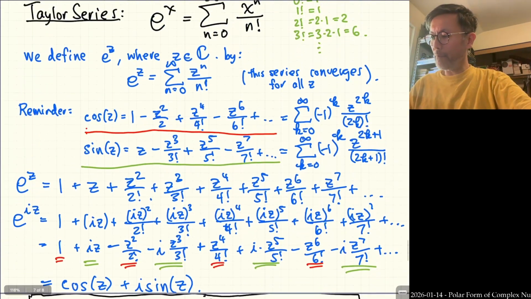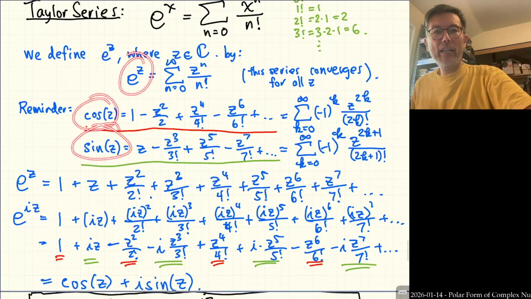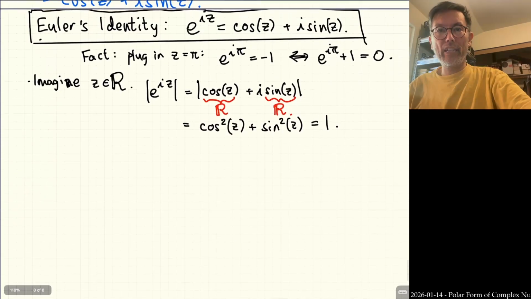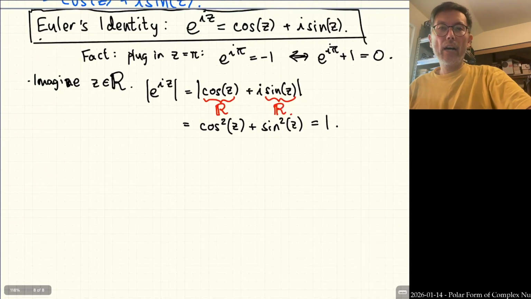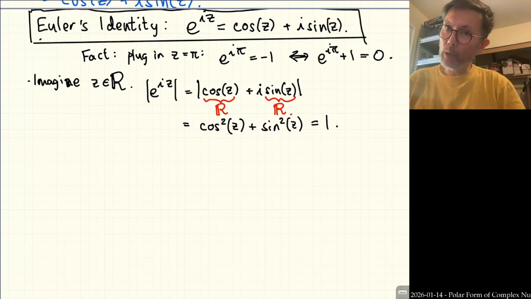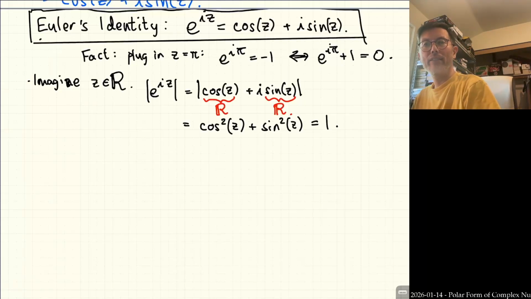There emerges a beautiful relationship between e to the z, cosine z, and sine of z called Euler's identity. Here's Euler's identity in all of its glory, one of the most beautiful identities, perhaps the most beautiful identity in all of mathematics. There it is: e to the iz is equal to cosine z plus i sine z.